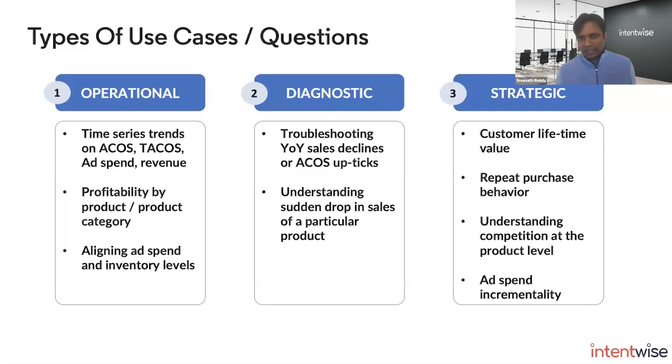Things include, and I've got examples here, time series data or weekly, daily, monthly trending of, or year-over-year trending of ACOS versus TACOS versus ad spend, revenue, table stakes, but things you need to have front and center to monitor the business effectively.